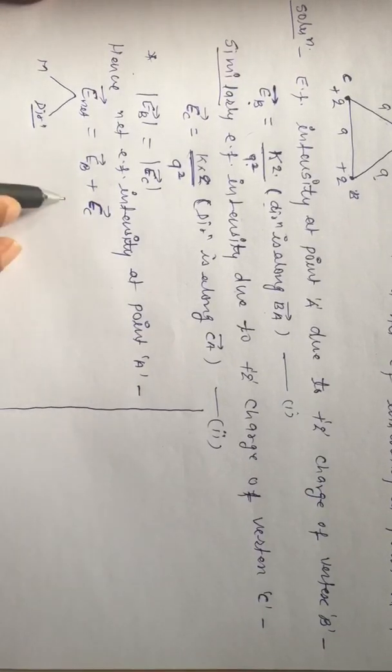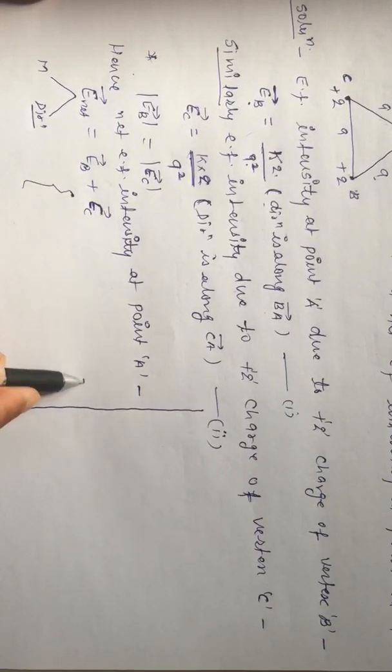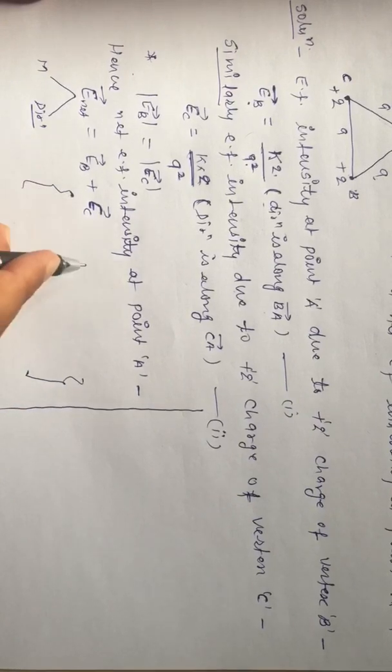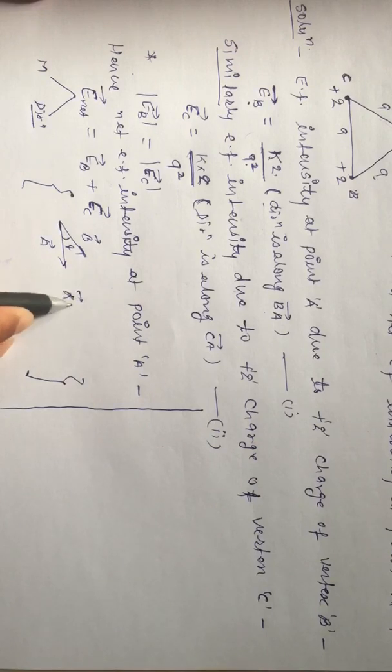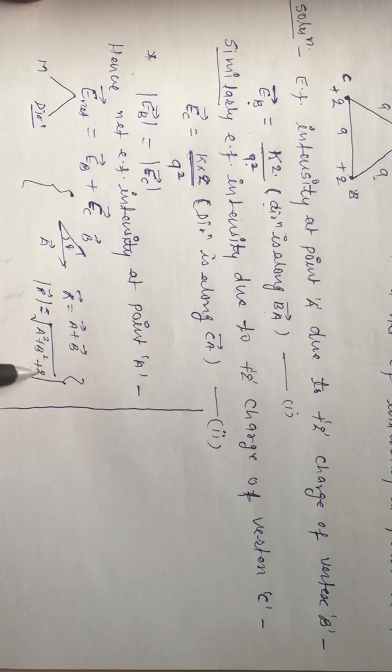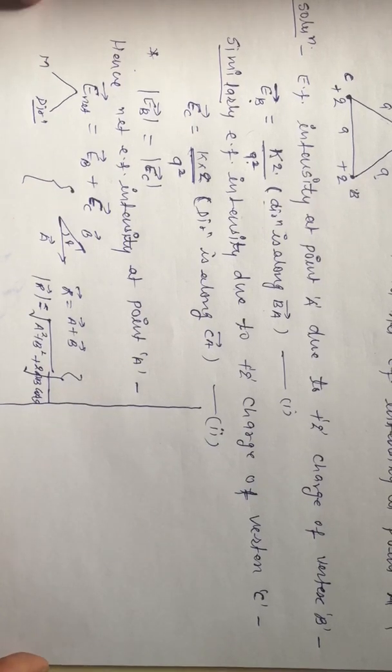What about the magnitude? For magnitude, we need a formula. In the 11th standard, you have studied that if a vector and b vector have angle theta between them, and r vector equals a vector plus b vector, then the magnitude of the resultant vector is under root a square plus b square plus 2ab cos theta.